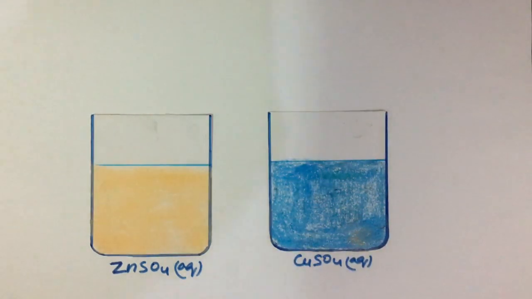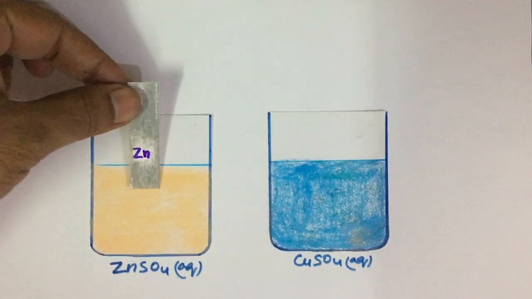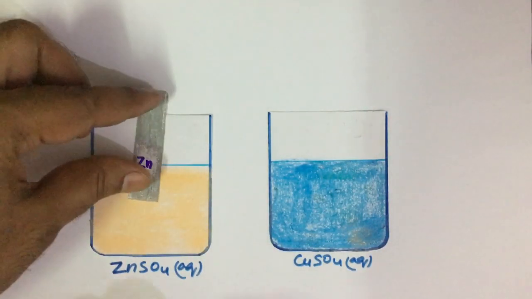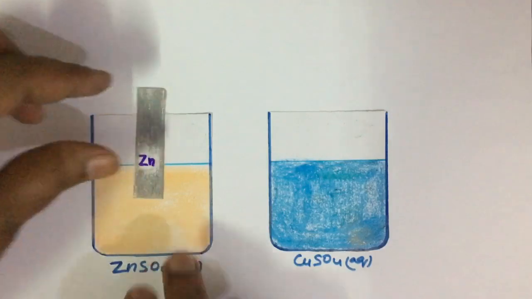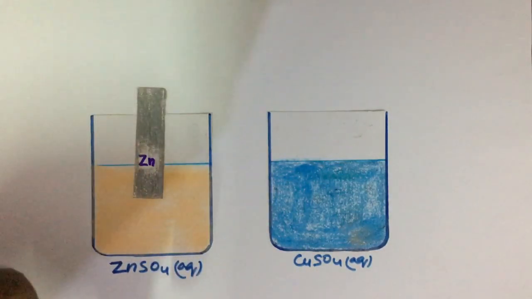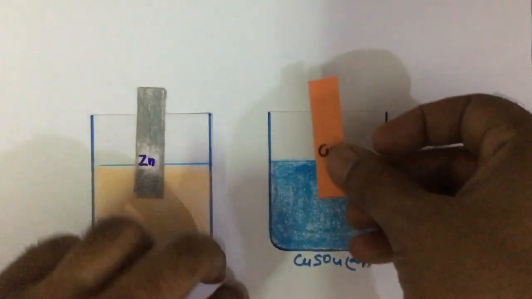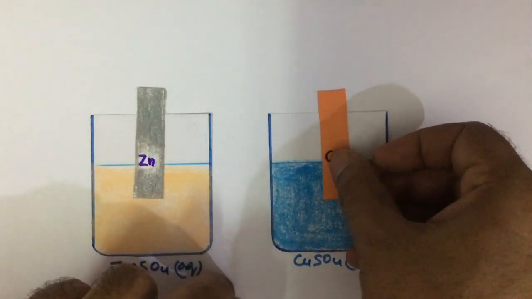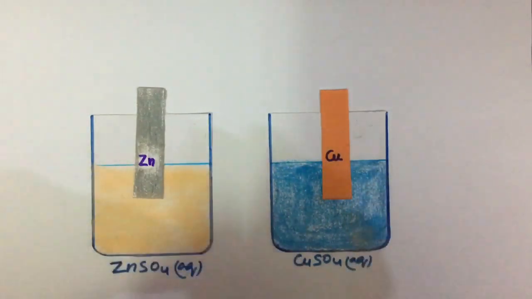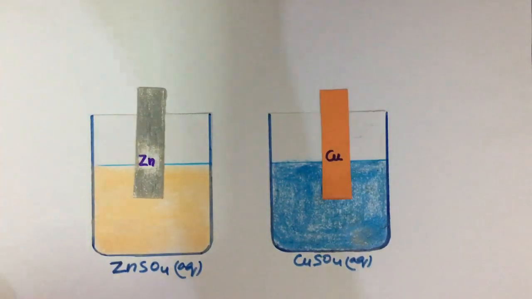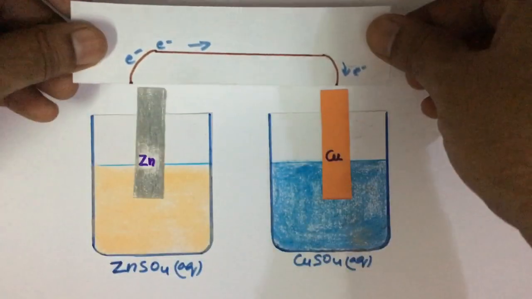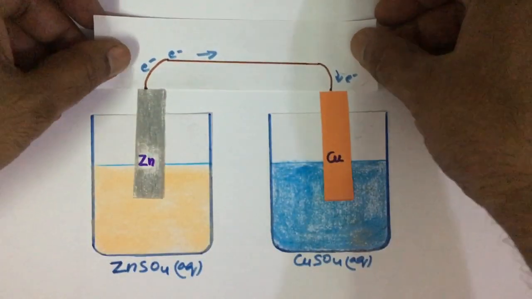In the container containing zinc sulfate, we dip a zinc rod, and in the container containing copper sulfate we dip a copper rod. Now we connect these two rods, zinc and copper, with an electrical wire.